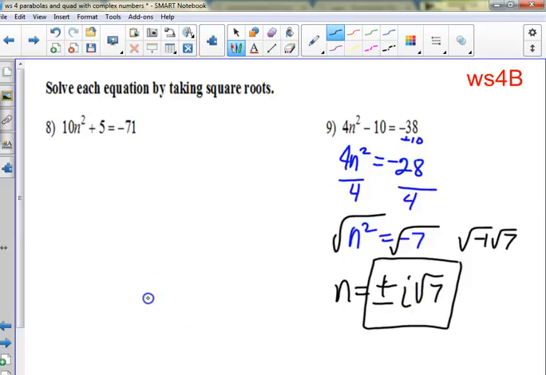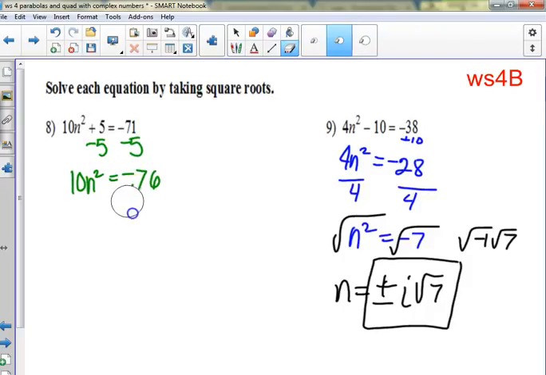All right. I skipped 8. Did anybody try 8? I thought, oh, these are about the same difference. So I was like, let's just do one of them. And then I realized that this one is way harder, I think, right? Because when you subtract 5, you get negative 76. Does that divide nicely by 10?